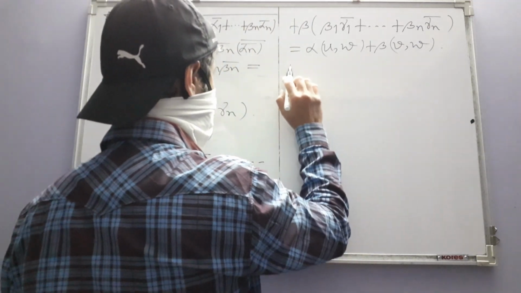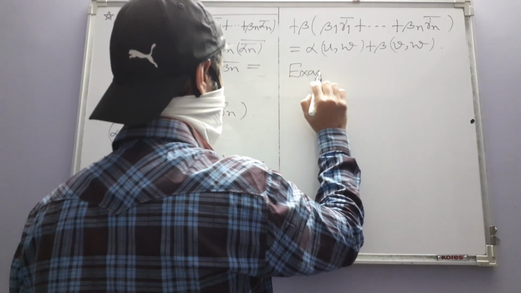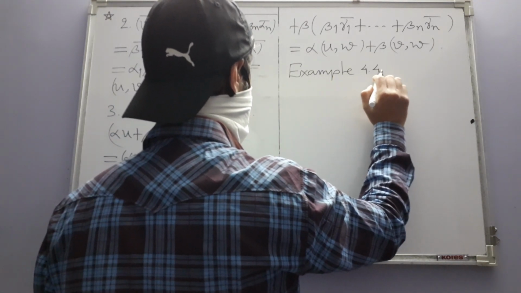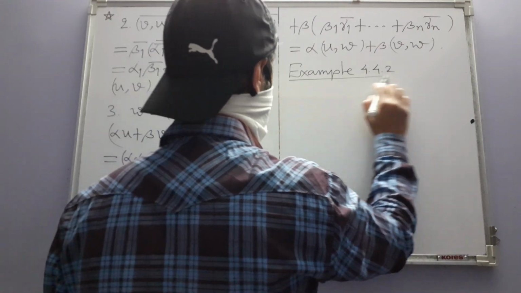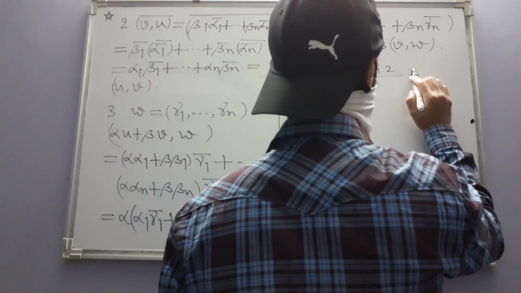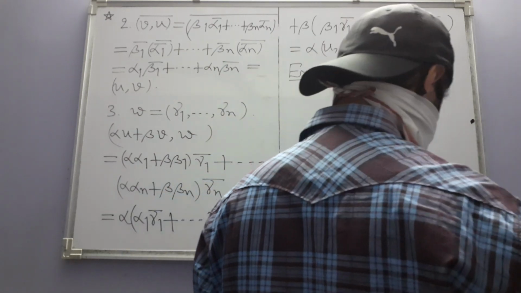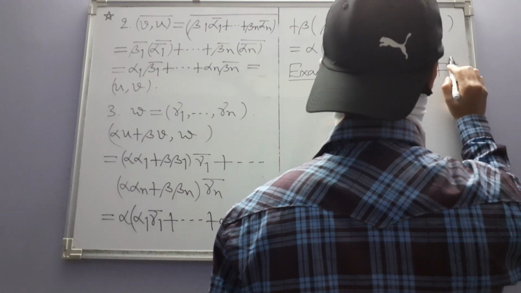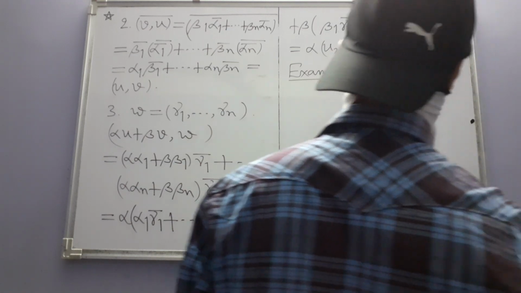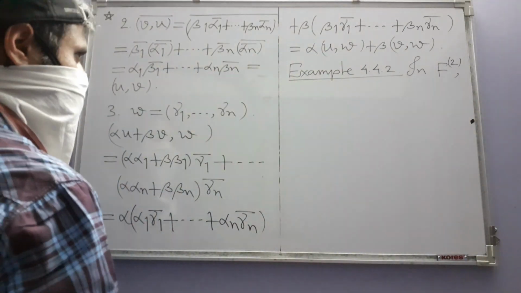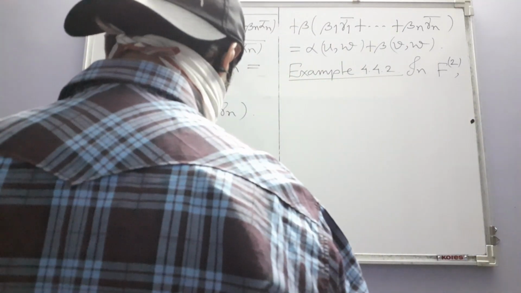Then we have the second example. The second example is a little not so straightforward. In F2, here we do not have arbitrarily many components, but only 2 components.